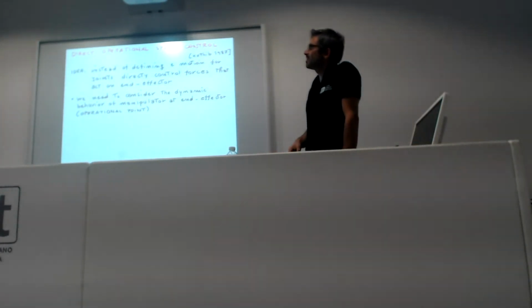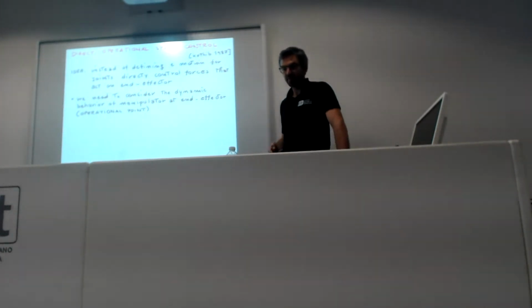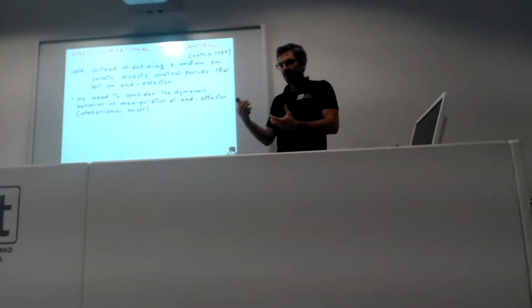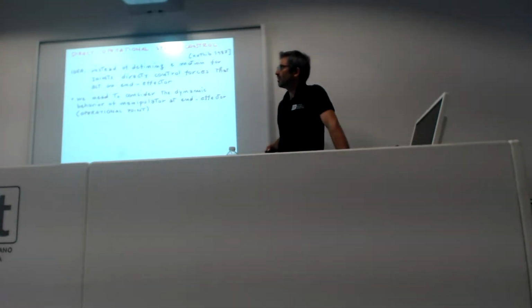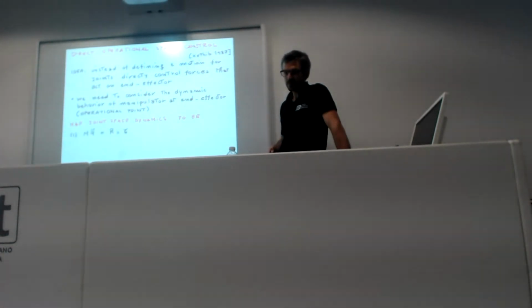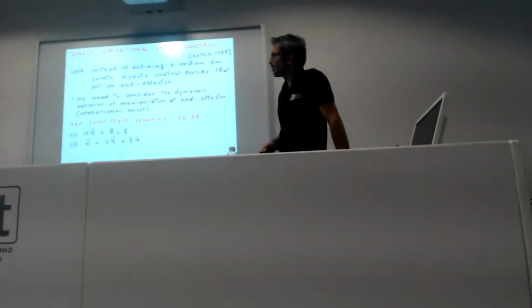To derive this operational space dynamics, it's like considering the behavior of the manipulator seen at the end effector. That is called the operational point. So we start from the joint space dynamics, and we map it at the end effector. How do we do that?